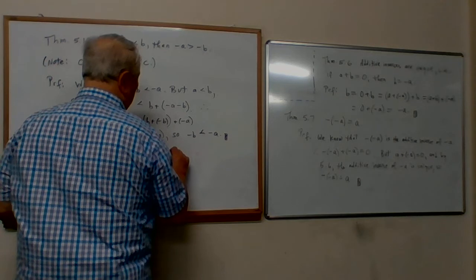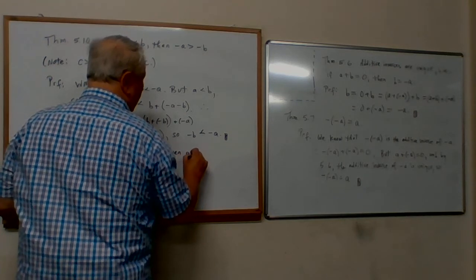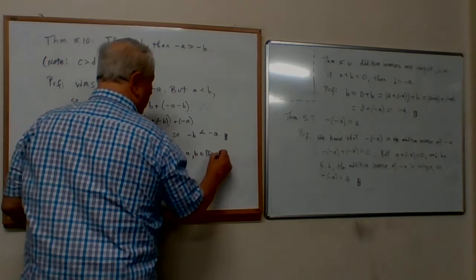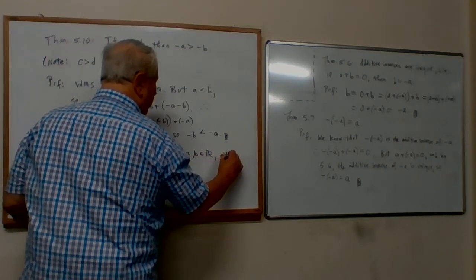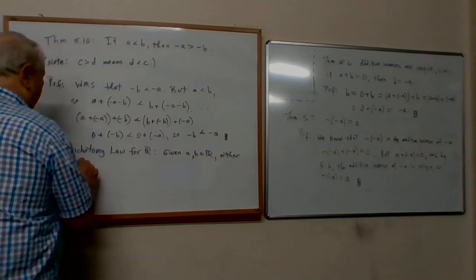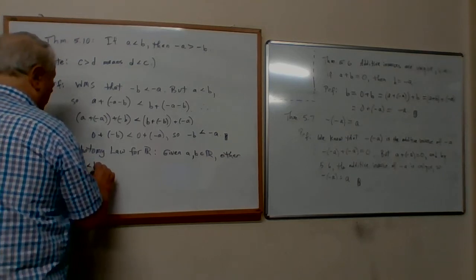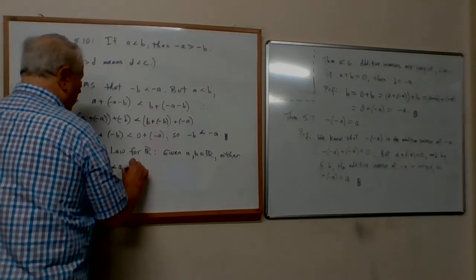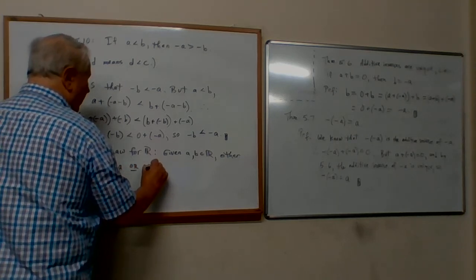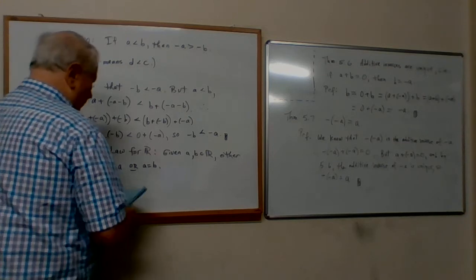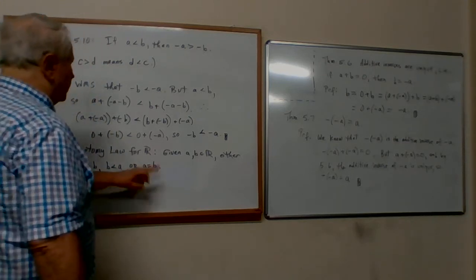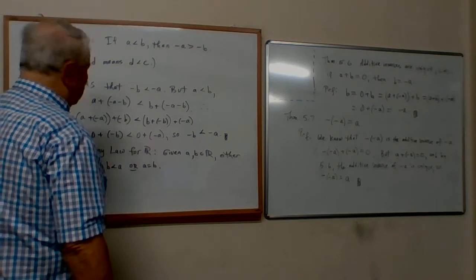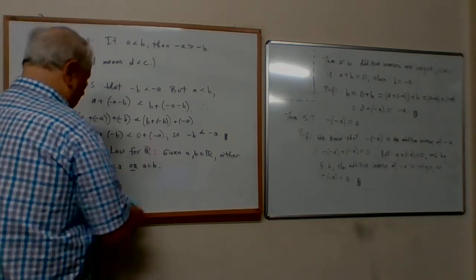Given A and B real numbers, either A is less than B, B is less than A, or they're the same number, A equals B. Trichotomy because there are three possibilities, and any two real numbers satisfy that law. Okay?